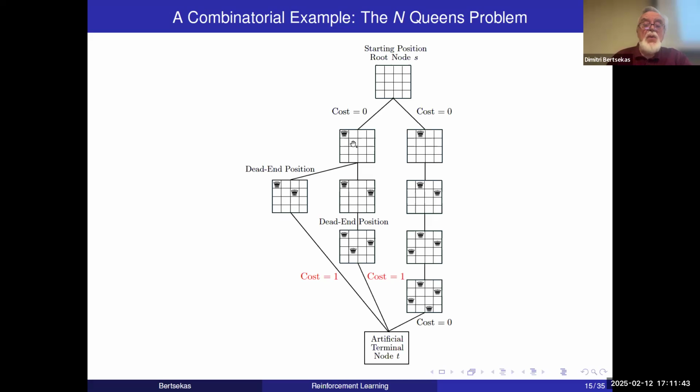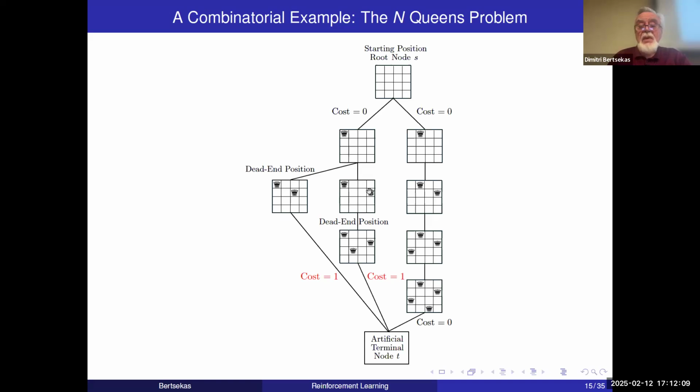And then from each one of those, we place 1 more queen. So from here, we can place 1 here, which is feasible because the second one does not attack the first. Or we can place it here. Again, they are not in the same row, column, or diagonal. The other possibilities are infeasible, and therefore we don't consider them.